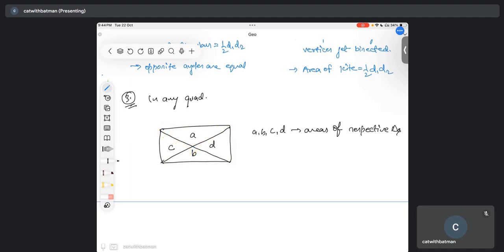Now in any quadrilateral, always A multiplied by B will be equal to C multiplied by D. Every time, always, this is going to hold true. Remember that.